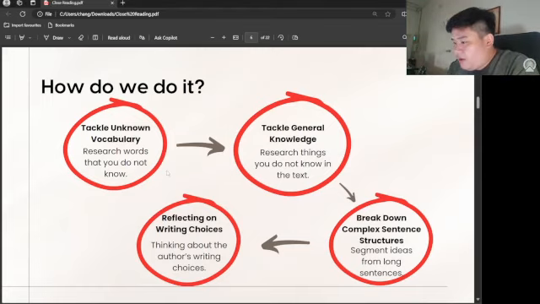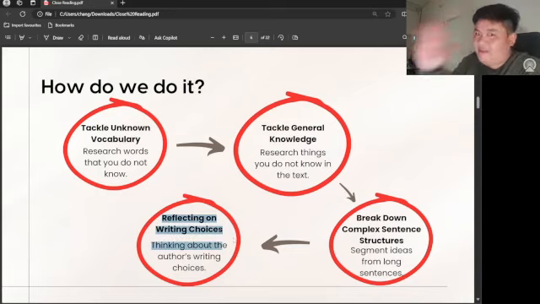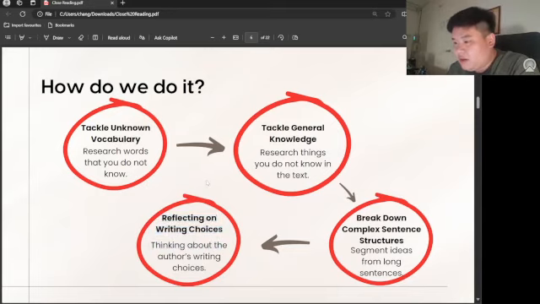So yeah, that's why before you do the last step, you must do everything else first. Okay, so these are the 4 steps.